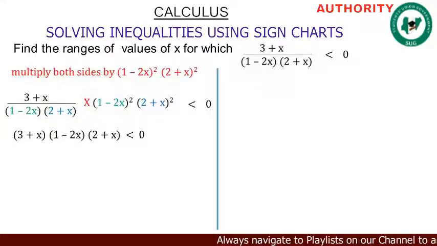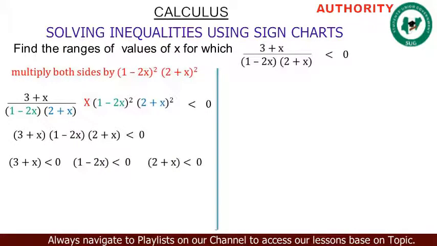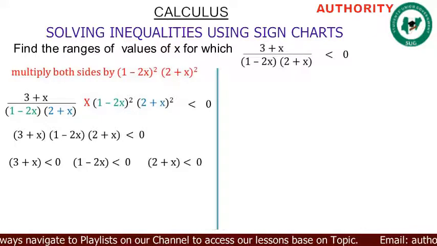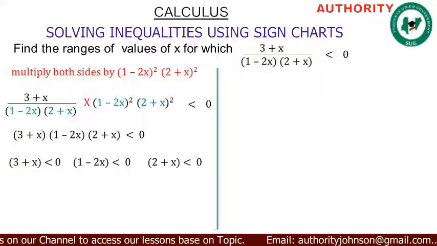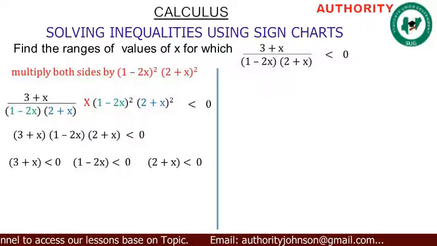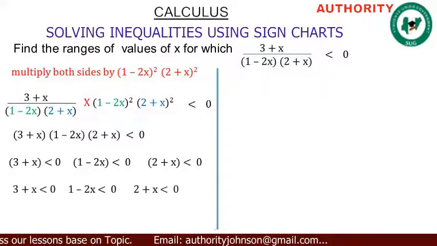Look at what we're going to do. Each factor will be taken as less than 0, so we end up with 3 + x less than 0, 1 - 2x less than 0, and 2 + x less than 0.